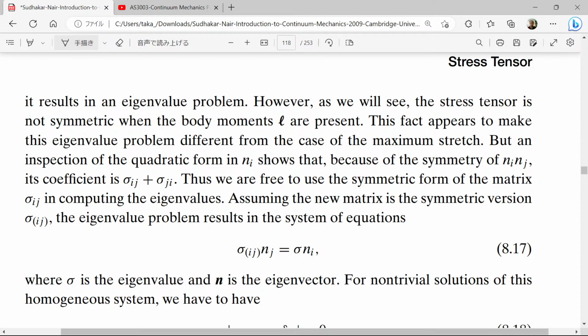However, as we will see, the stress tensor is not symmetric. This is a crazy part. Stress tensor is not symmetric when the body moments are present.